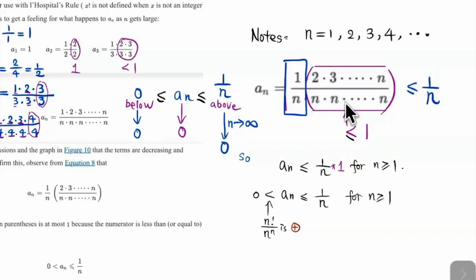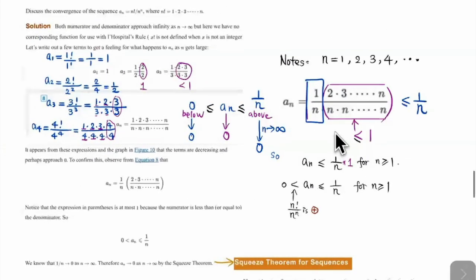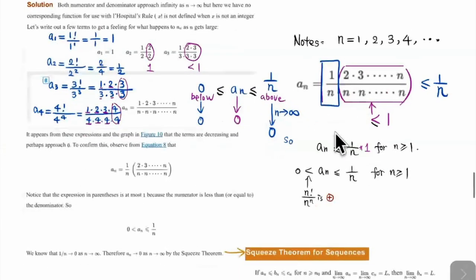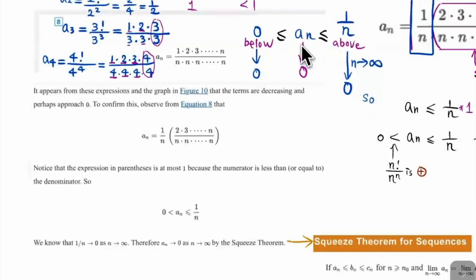I think this part here might be the hardest part to see, which sequence is above, okay? And also goes to 0. So try to sometimes group some of the factors together and we see it, okay? All right, then you prove it, okay? Use the squeeze here. Okay, so that will go to 0.